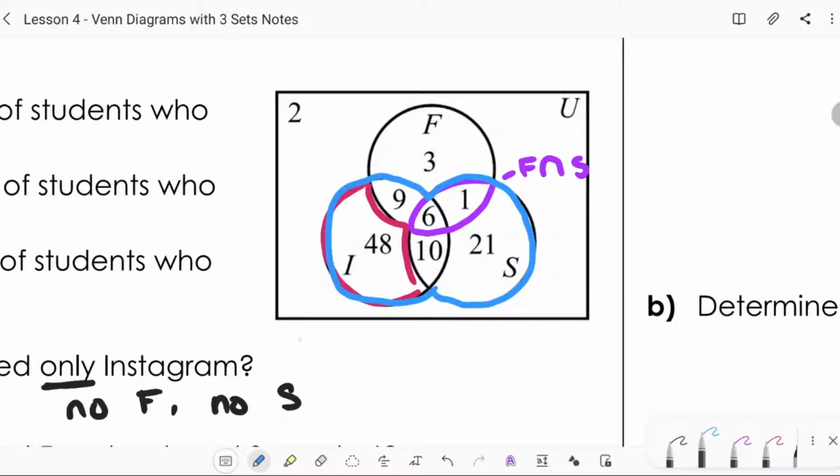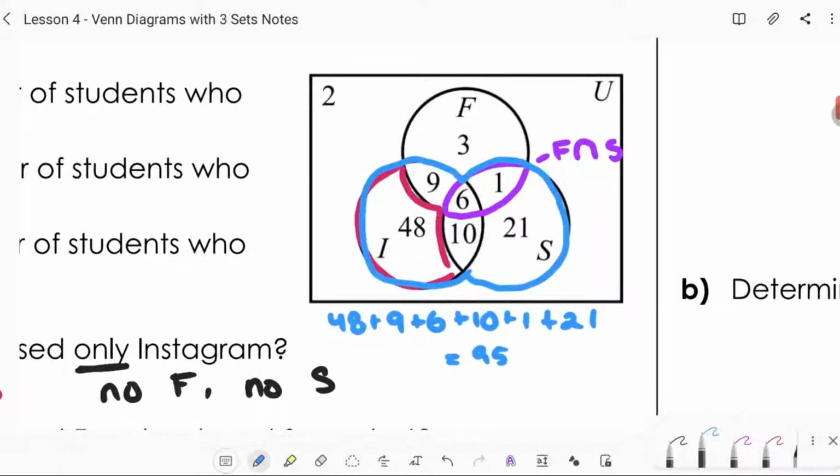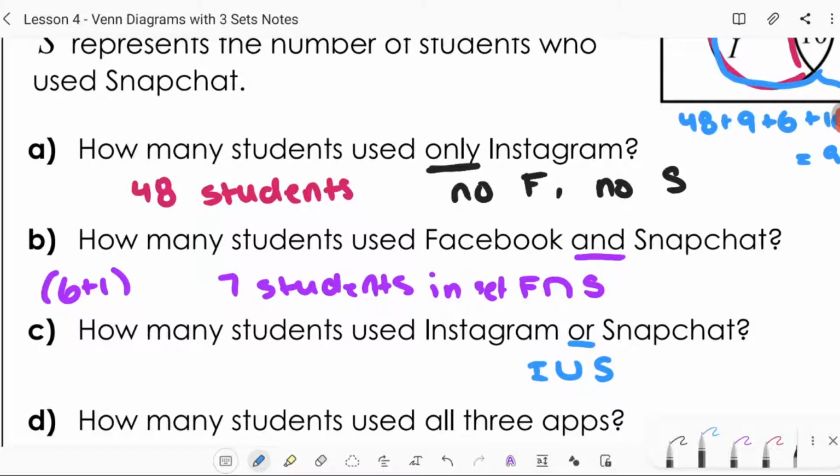So I have 48 plus 9 plus 6 plus 10 plus 1 plus 21. And if I add all of that together, that gives me 95. So there's 95 students in set I union S.